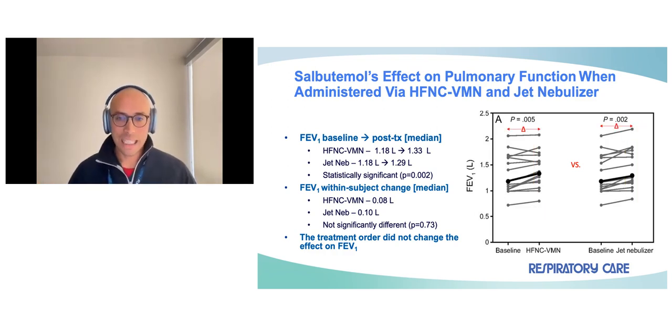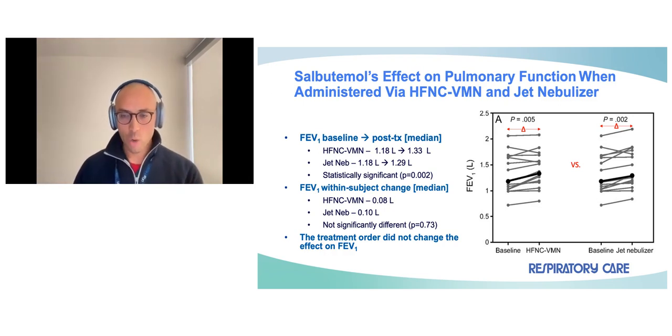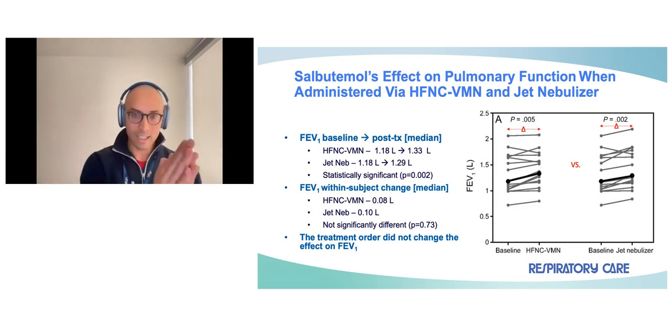Now, a key thing to differentiate is this comparison here that they made, which is the difference between the baseline and the intervention measure made within each subject. Now, this is really interesting right here, because for any given subject, you take their post-treatment measure and their baseline measure, and take that difference. So if it was 1.33 and 1.18, the difference is 0.15.